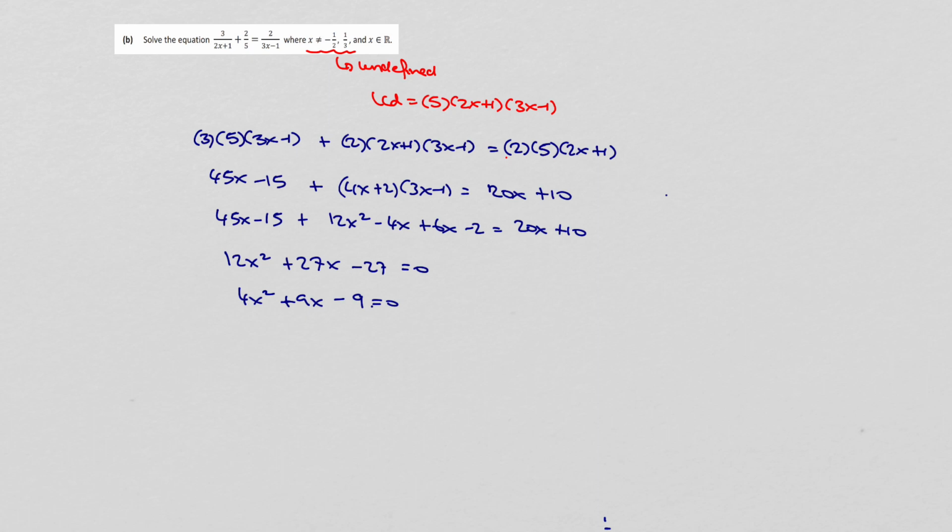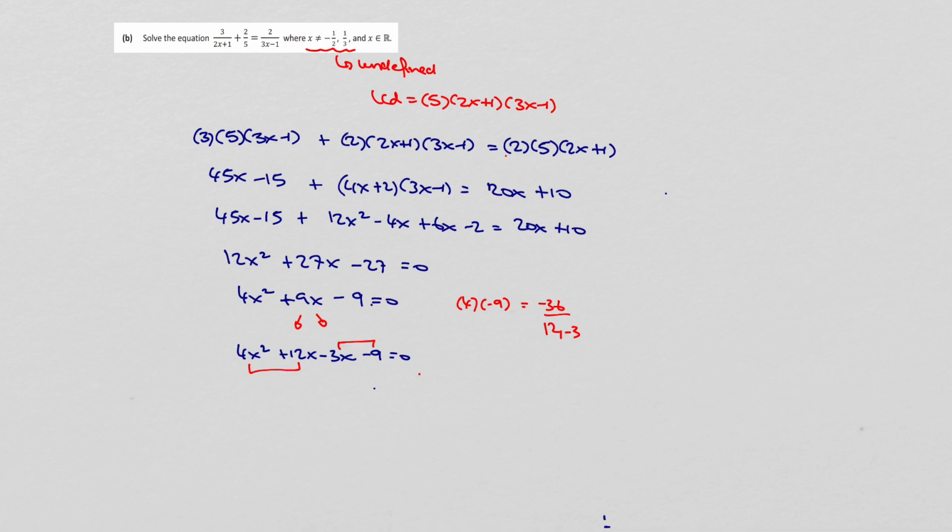So I need to solve this quadratic. The coefficient of x squared, 4, times minus 9 equals minus 36. So what multiplies to give us minus 36 and adds to give us 9? Well, it's 12 and minus 3. If I replace the 9x with my two factors, 12x and minus 3x, then we have 4x squared plus 12x minus 3x minus 9 equals 0.